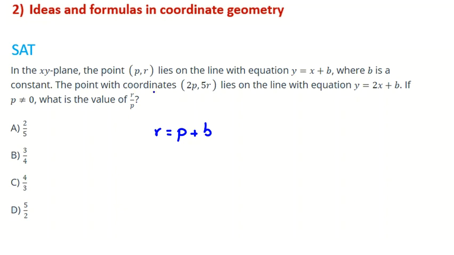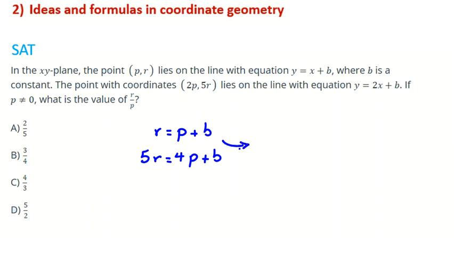The point with coordinates (2P, 5R) lies on the line with equation y equal to 2x plus b. y is 5R, and 2x is 2 times 2P, 4P, plus b. Then it says if P is not 0, what is the value of R over P? We want a relationship between R and P, so we don't like b.